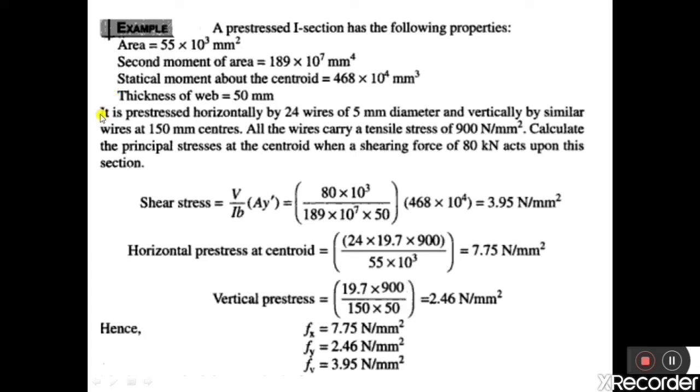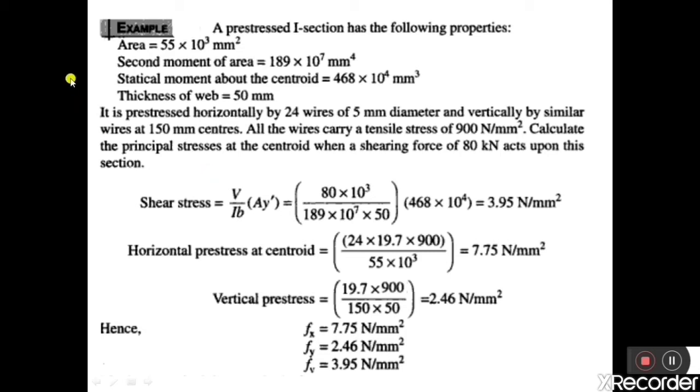It is prestressed horizontally by 24 wires of 5 mm diameter and vertically by similar wires at 150 mm centers. All the wires carry a tensile stress of 900 Newton per millimeter square. Calculate the principal stresses at the centroid when a shearing force of 80 kN acts upon this section.